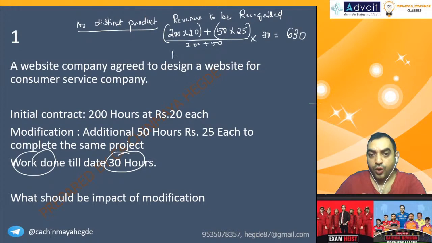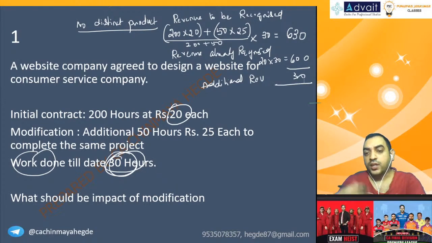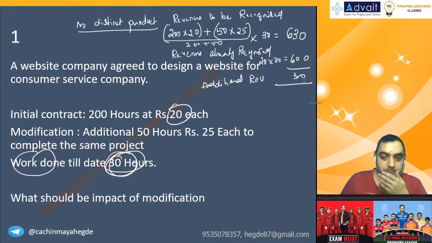And what is revenue already recognized? That is 30 hours into 20, 600. Therefore, additional revenue to be recognized is 30. This is what is the cumulative catch-up basis.